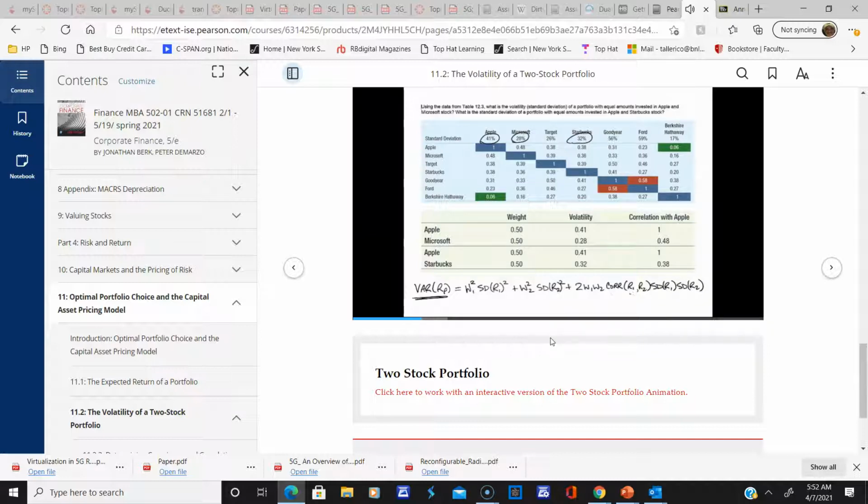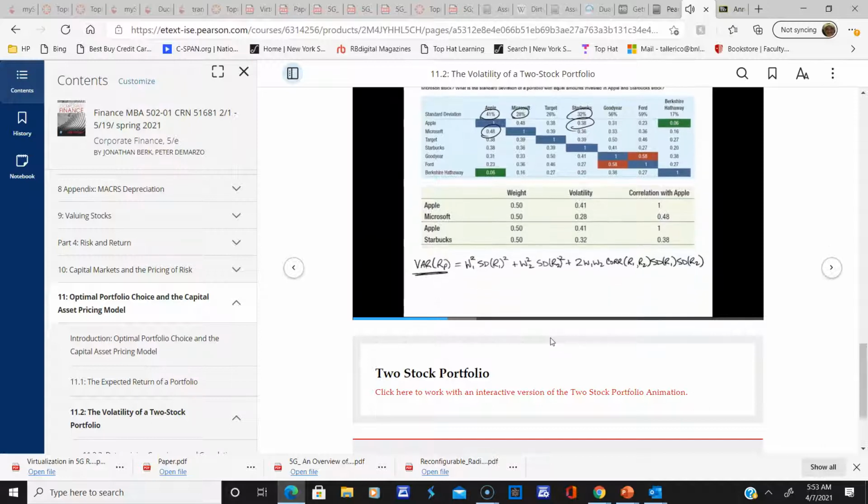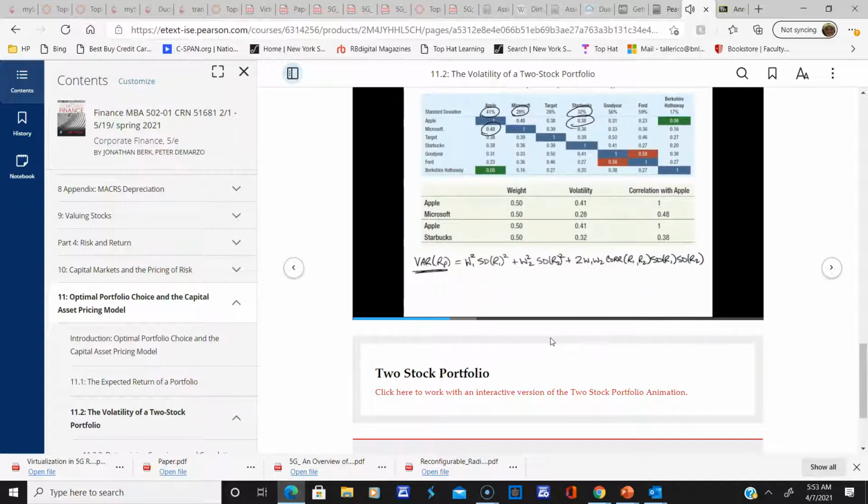So we'll need to know their correlation as well, and we'll see that Apple's correlation with Microsoft is 0.48, and Apple's correlation with Starbucks is lower at 0.38. So now we've collected the information that we need, and we're ready to start calculating the variance on the way to calculating the standard deviation.